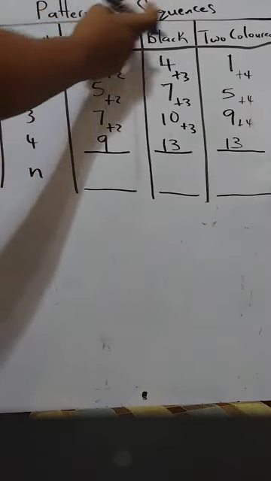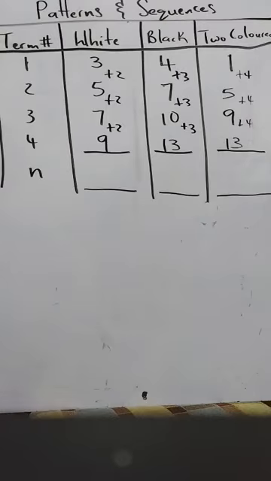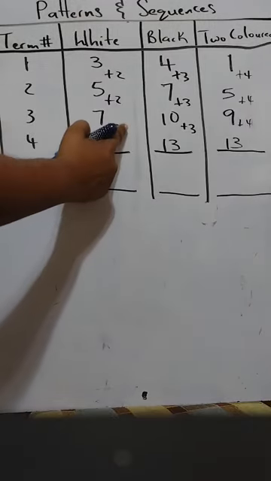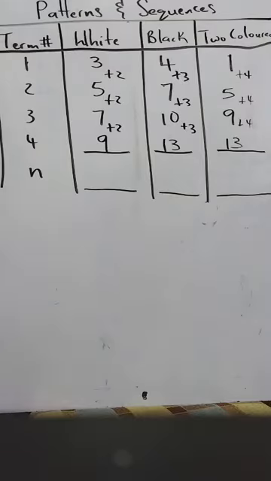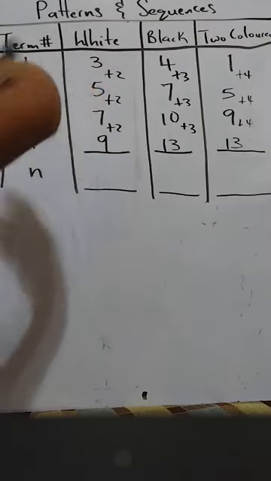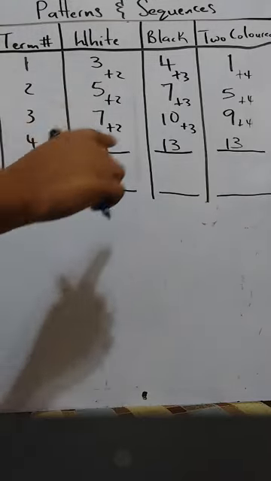When you do patterns and sequences, you always want to know what the nth term is, and that's an equation or a formula that would be used to find any term that exists in the sequence. So based on what we just observed, we realize the 2 is constant. We kept adding that 2, and the number of 2's that we would have added depends on what number we are in the sequence.